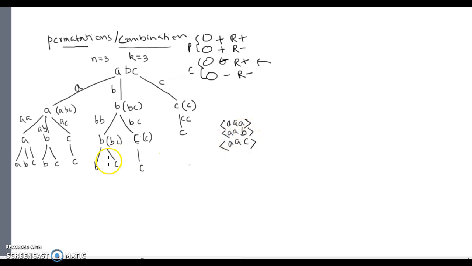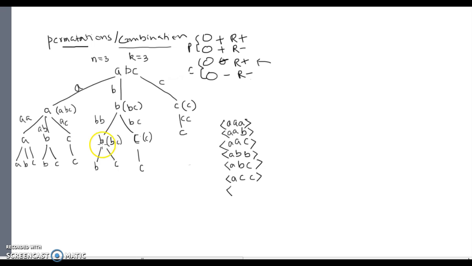And then with AB we have two subsets as well, which are B and C. Notice that all of these are unique. And then with AC, we have one branch, which is ACC. So 1, 2, 3, 4, 5, 6. We got 6 so far.